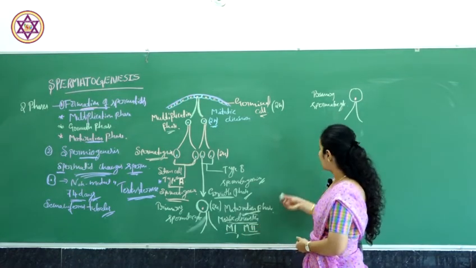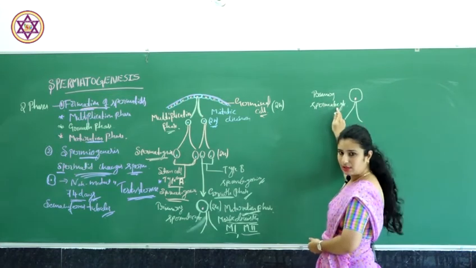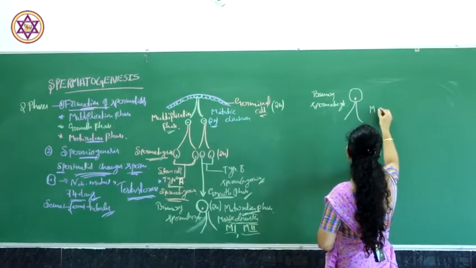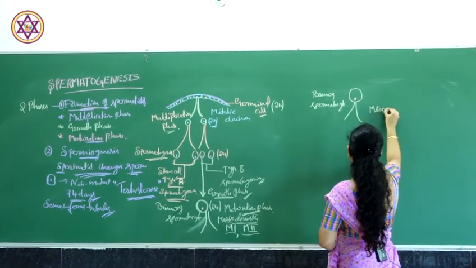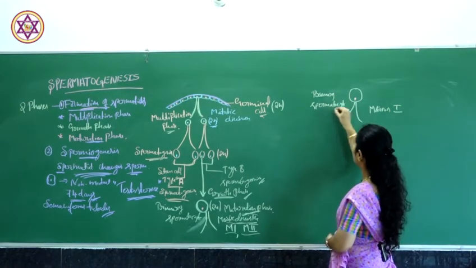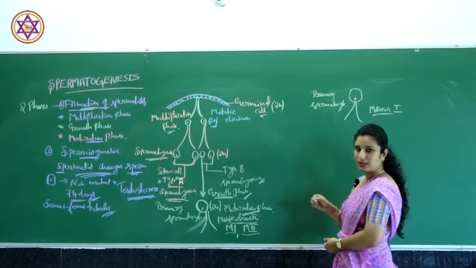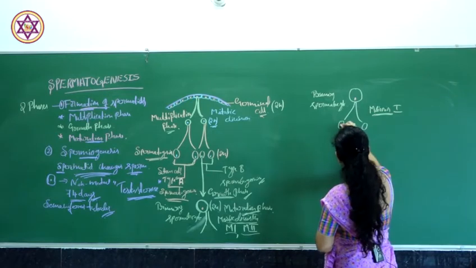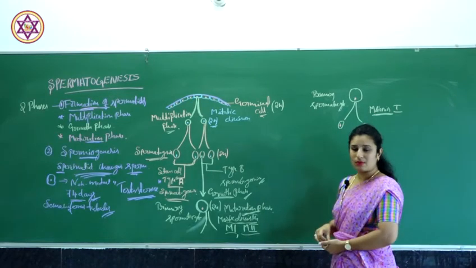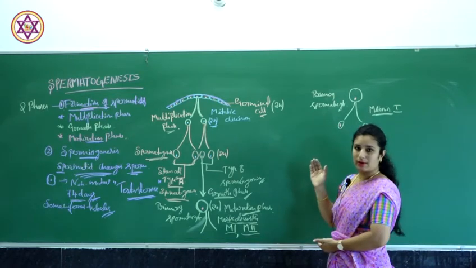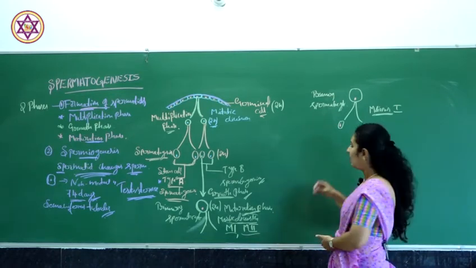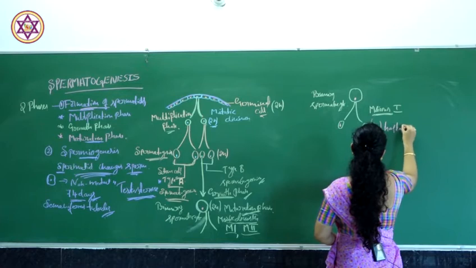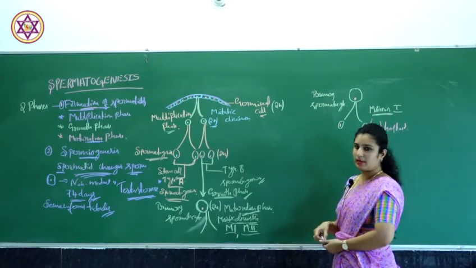Here the primary spermatocyte undergoes a division, that is meiosis 1. It undergoes the meiotic 1 division and forms two haploid cells.